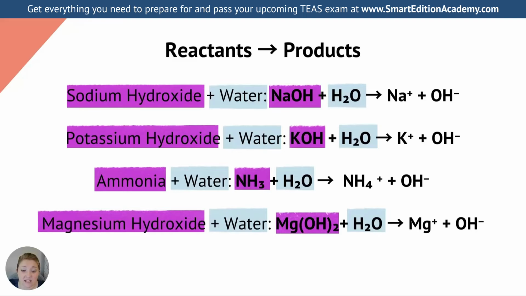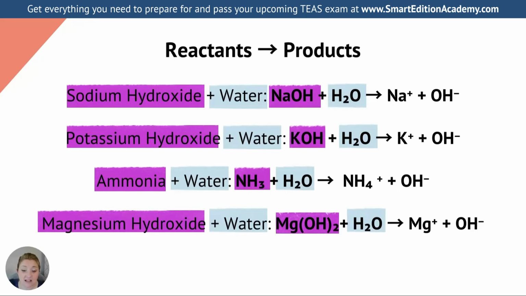So look at that, NH3 plus H2O. What you're going to end up with is that the H2O gives it one of its hydrogens, meaning now you have NH4 and OH left. Just like any other base solution, you're still going to end up with OH as one of your products. It just functions a bit differently.